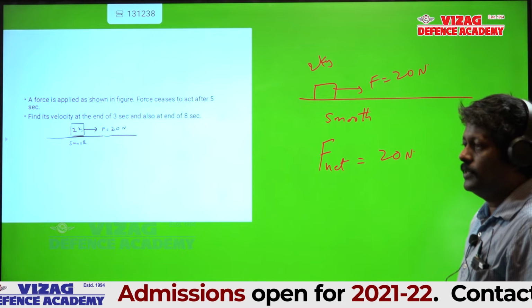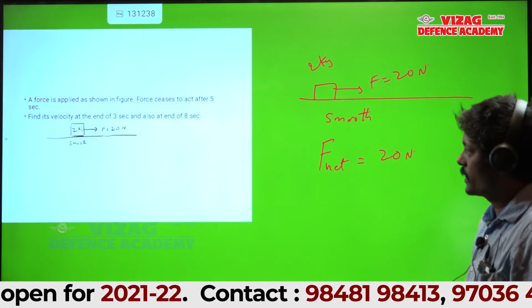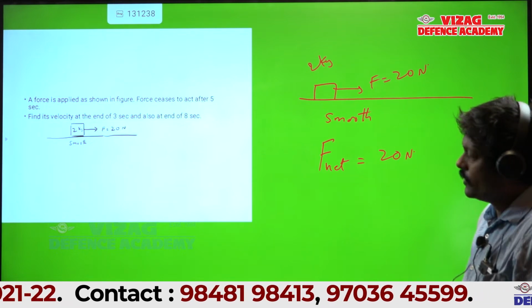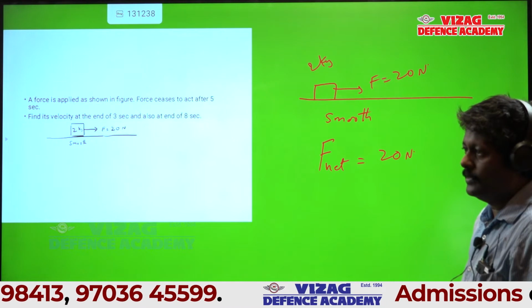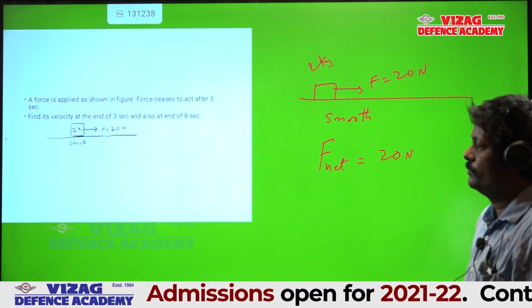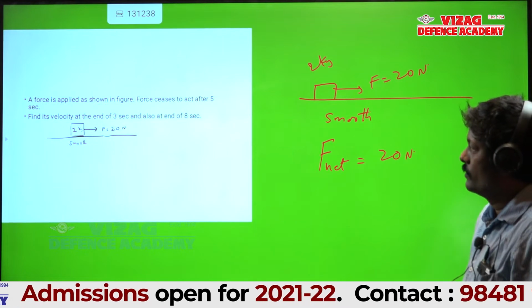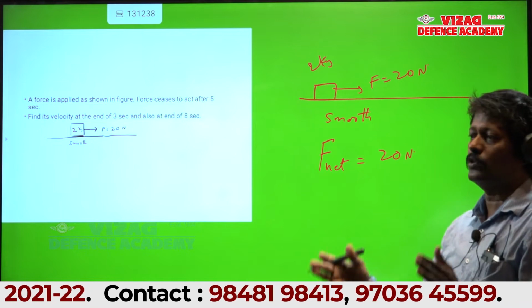It means the velocity of the body keeps on increasing for 5 seconds. After 5 seconds, whatever velocity it acquired, with the same velocity it will continue. Once again I am repeating: force ceases to act after 5 seconds. That means force acts only for 5 seconds.